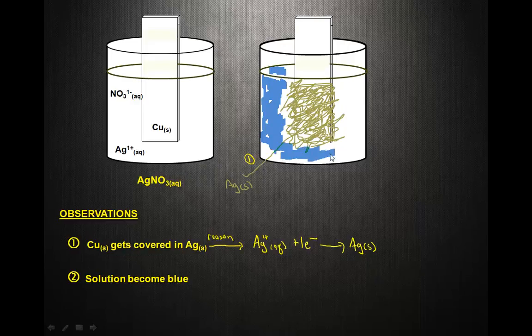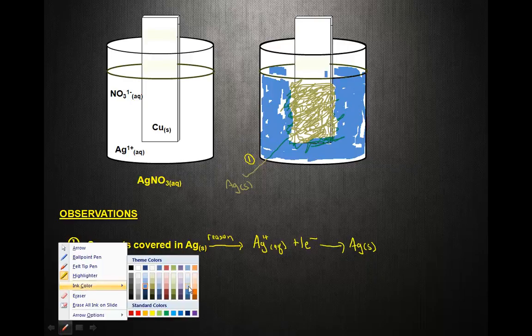So I'll just shade it in. Now again, we have to explain what's going on here. Why is this solution all of a sudden becoming blue? Well, that's what we're going to look at in number 2. So we'll just label that.